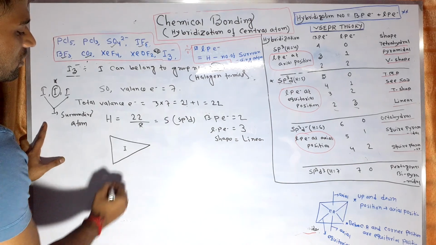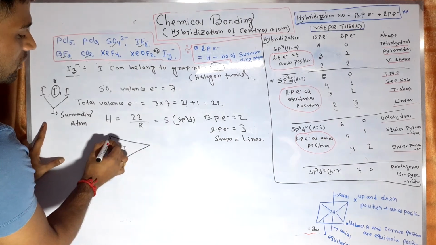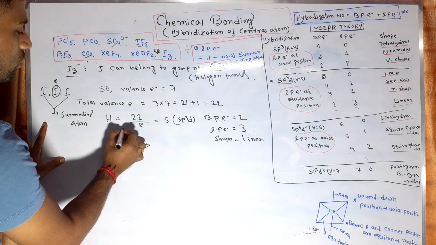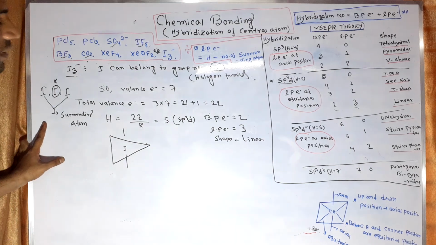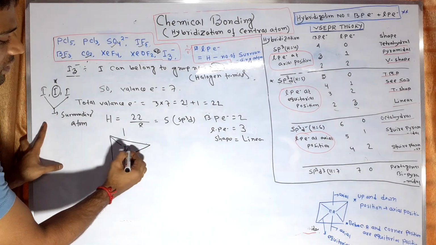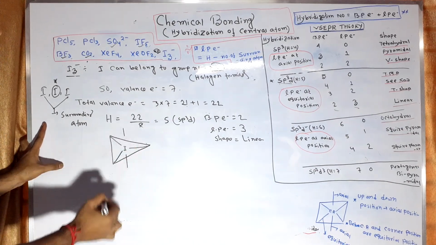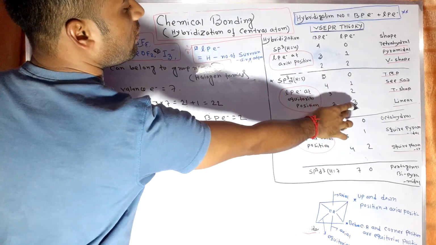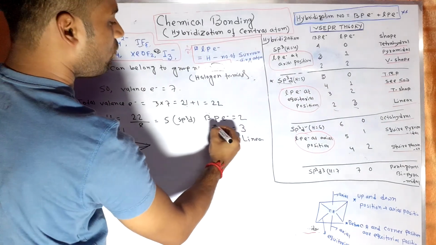These 3 positions are equatorial and 2 are axial. So bond pair 2, lone pair 3.